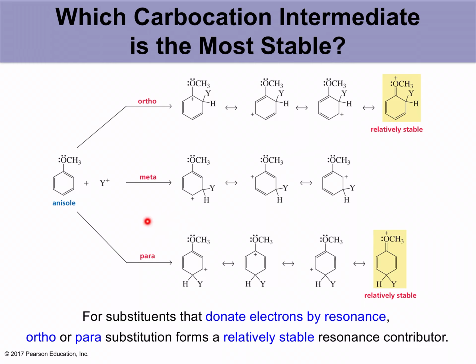Okay, let's look at the meta position. If the electrophile adds onto the meta position, what's going to happen? You're going to create a positive charge here, and then the resonance structure for this one would have another positive charge over here. A resonance for this would be giving the pi electrons to form a bond here and another one right there. So there are 3 resonance structures.